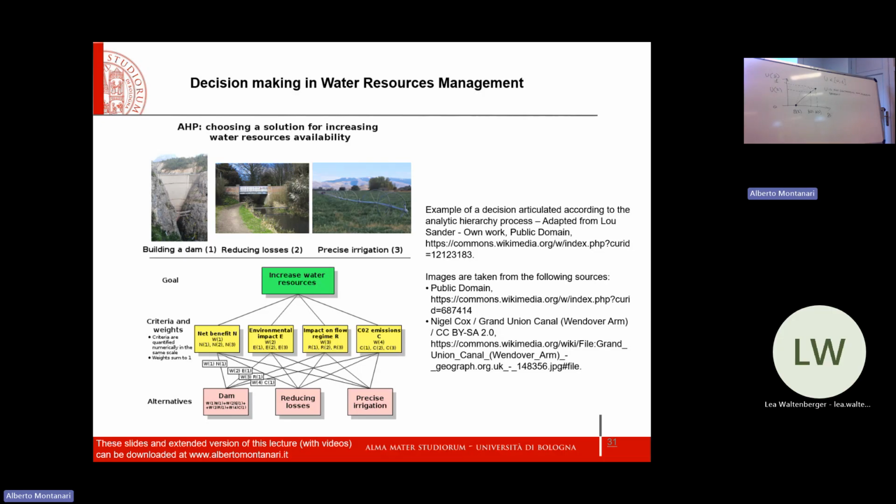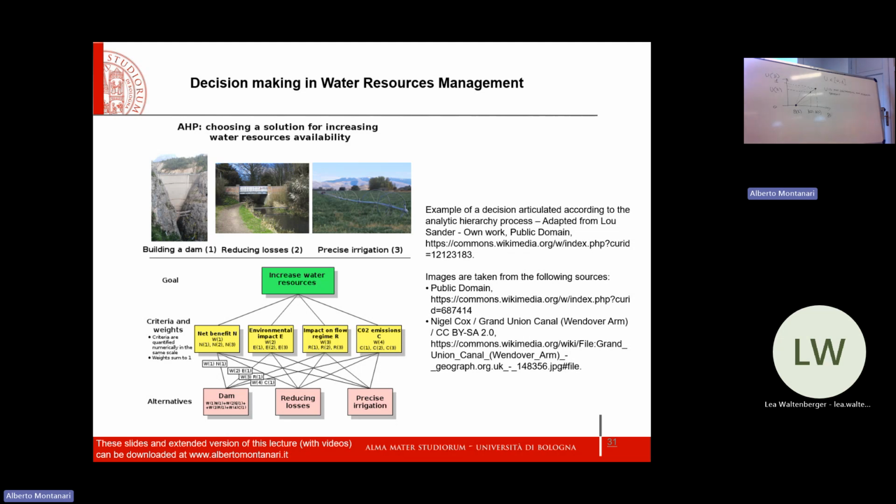And then we have for each of the criteria, so let's focus on N, net benefit. We need to estimate the weight, W1, to give the net benefit. We have the estimates N1, N2, N3 of the net benefit given by each of the solutions. So N1 is the net benefit of the dam. N2 is the net benefit of reducing losses.